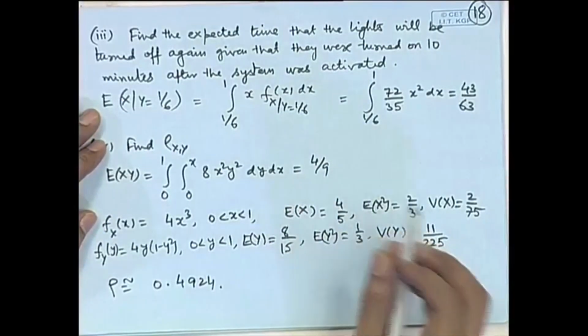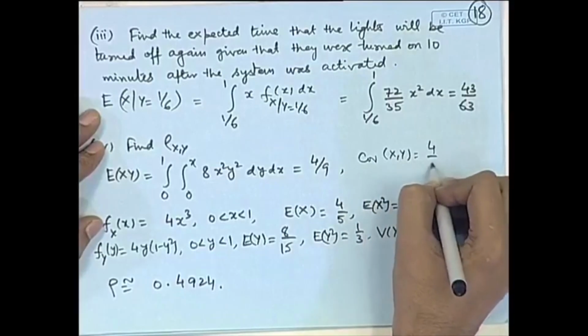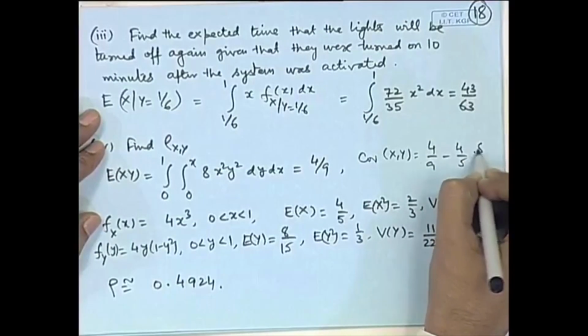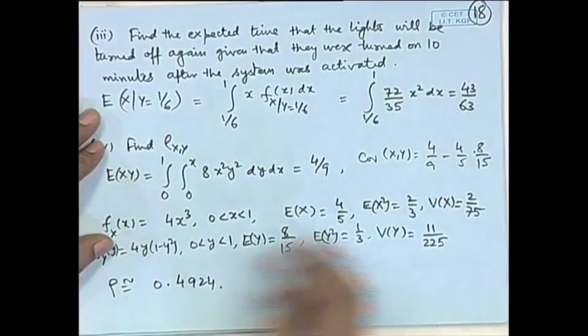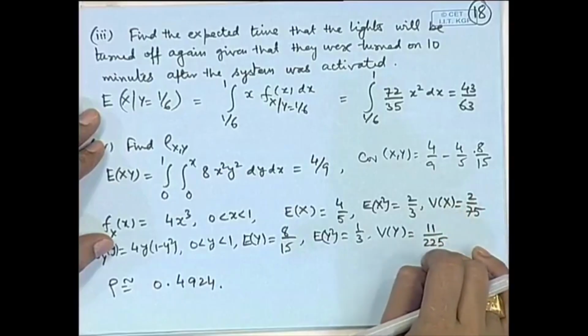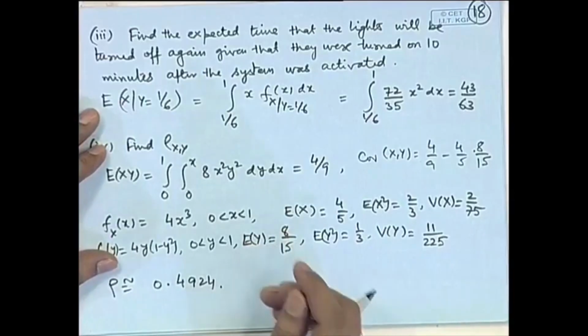Therefore, we can find the covariance between x and y as 4 by 9 minus 4 by 5 into 8 by 15, and the correlation turns out to be this divided by the square root of the variances of x and y, which is 0.49 approximately, that is nearly half. So, in this particular problem, the timings of switching on and off of the lights have a correlation of nearly half.